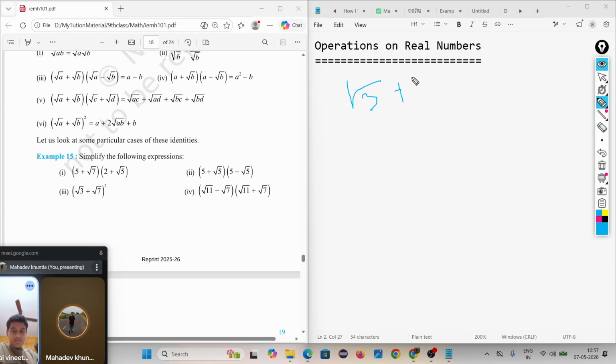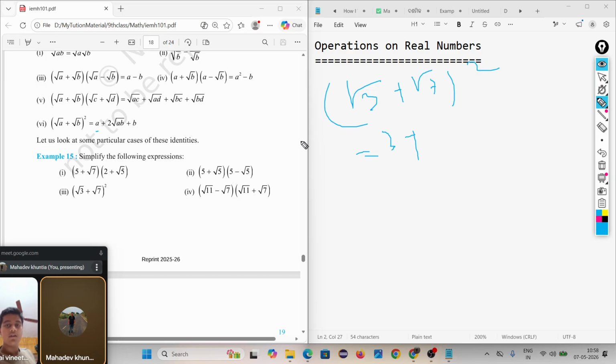Root 3 plus root 7 square. Which one will it be? A square plus b square. That means A is root 3, or look at the formula.